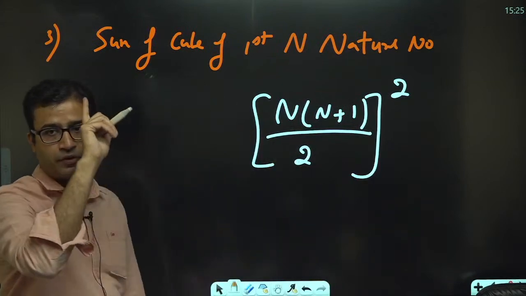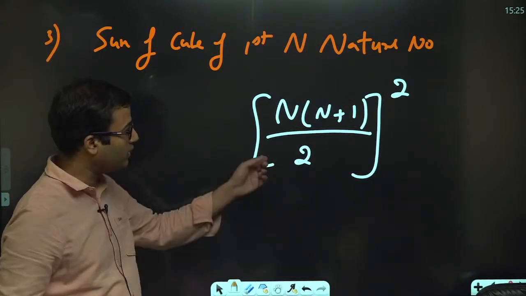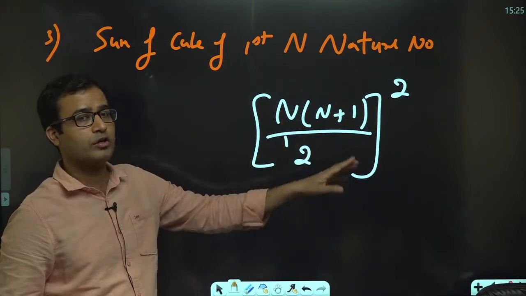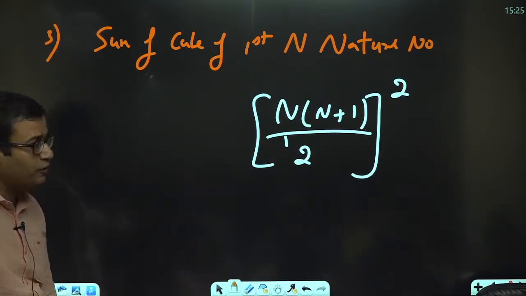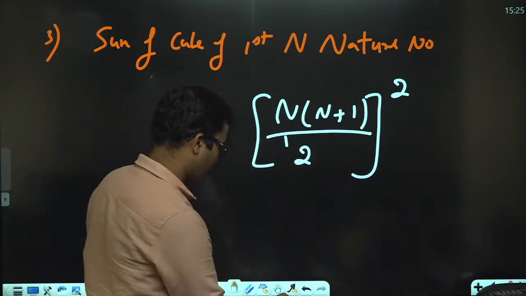The first formula we used was the sum of first n natural numbers, same, but it is the square of that, whole square of that value. First you have to find it, then you have to take the square of that.